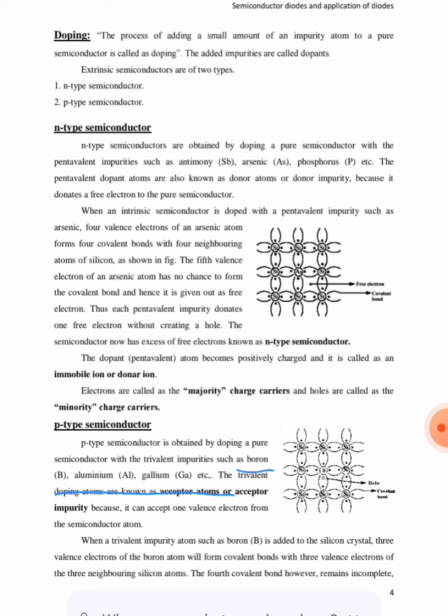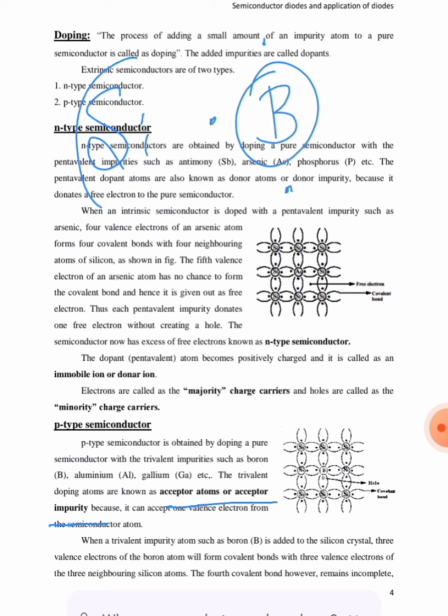And these trivalent impurity atoms are called acceptor atoms or acceptor impurity, because if I consider the example of boron, boron has 3 valence electrons, and in order to form covalent bonds with its neighboring silicon atoms, it needs 4 valence electrons, right?